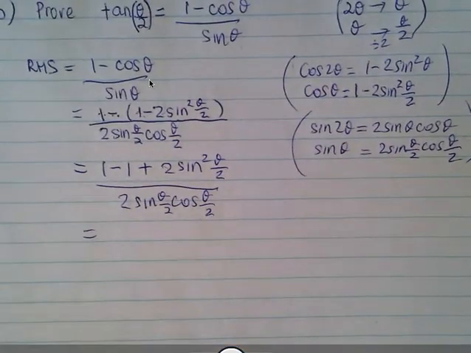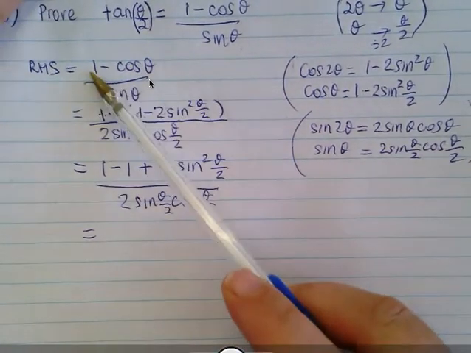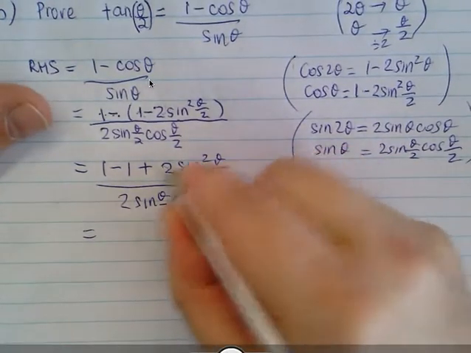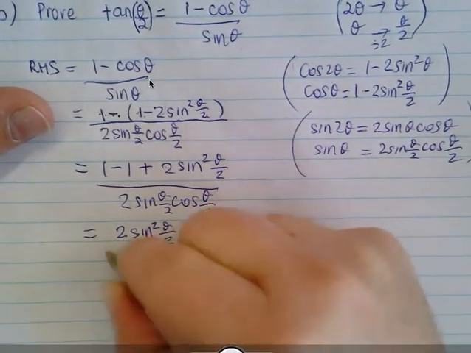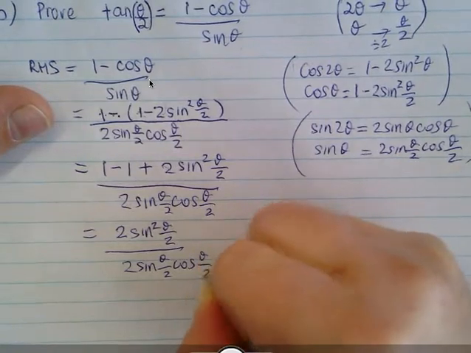And the ones cancel, 1 minus 1, which is why you don't do the other result. Whenever you're using a double angle result and you've got a 1, you need to use the result that cancels, that'll give you 1 minus 1, not 1 plus 1. Then we've got 2 sine squared theta on 2 over 2 sine theta on 2 cos theta on 2, and then you can cancel.